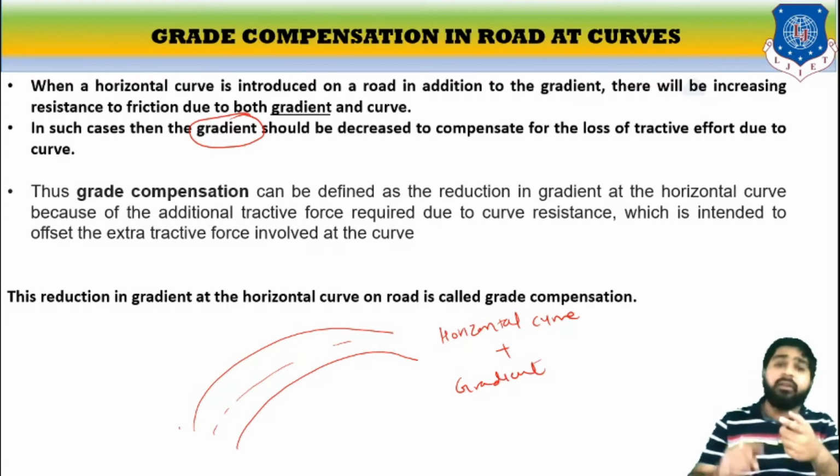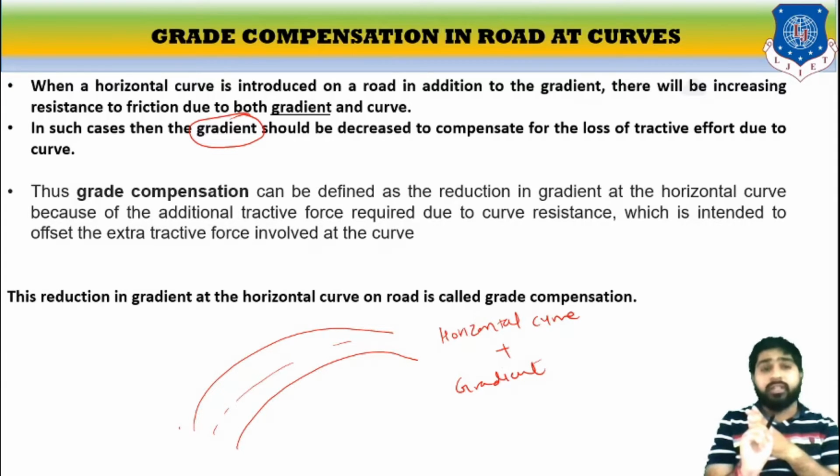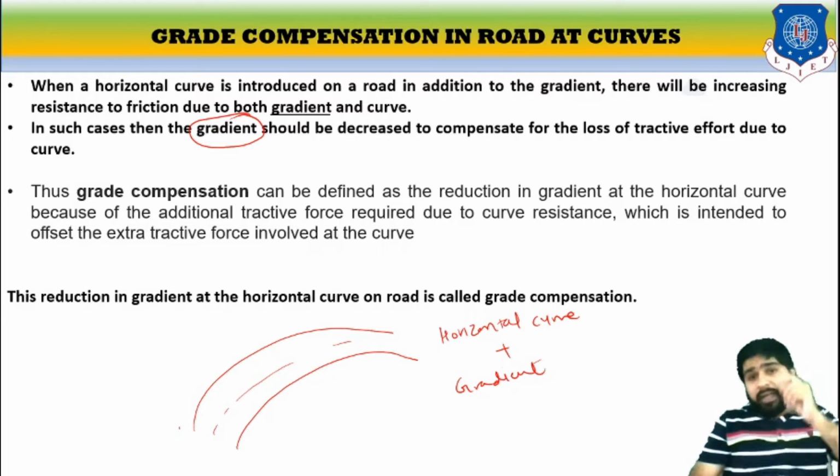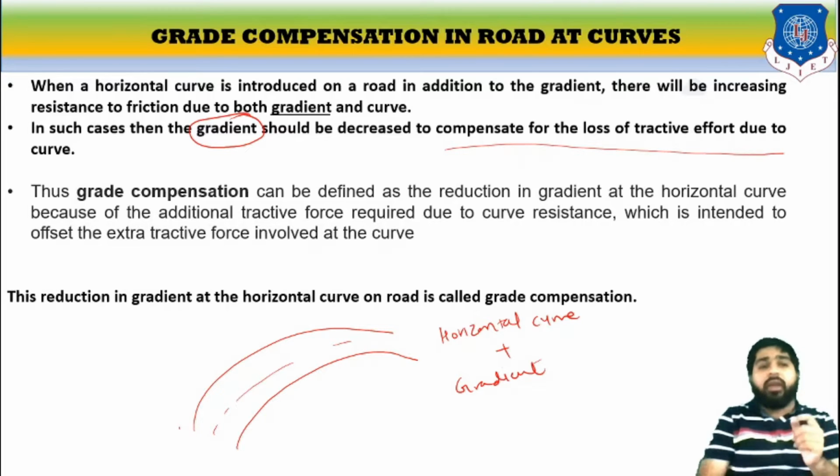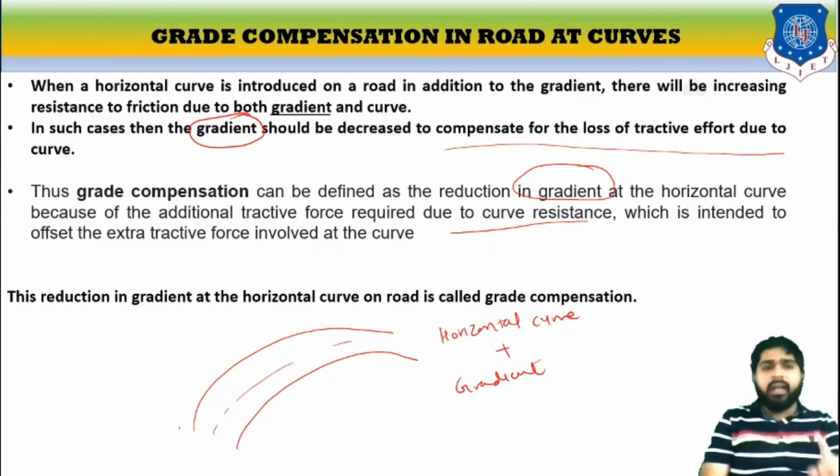So in such cases where gradient and curve are both there, there will be increased resistance to friction, and the gradient needs to be decreased in order to compensate for the loss of tractive effort due to the curve. So grade compensation comes into the picture at that time. This grade compensation can be defined as the reduction in the gradient at the horizontal curve because of the additional tractive effort required due to the curve resistance, which is intended to offset the extra tractive effort involved at the curve.